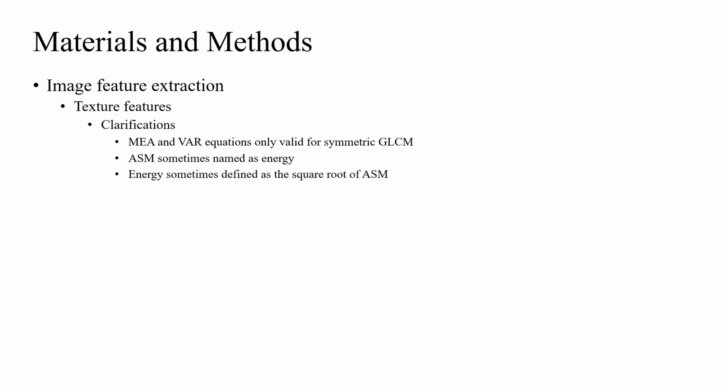The equations used for calculating mean and variance in the article, where I and J were interchangeable, were only valid for symmetric GLCMs. Angular second moment was sometimes named as energy, while energy was sometimes defined as the square root of angular second moment.